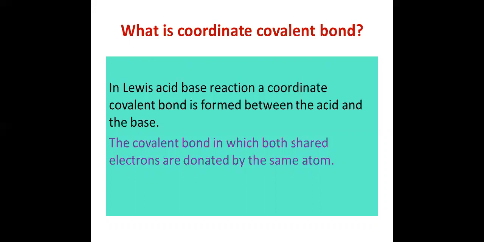It means only one atom will donate the electron pair. In a simple covalent bond, both the electrons are mutually shared between two atoms, like one electron is shared by one atom and one electron is shared by another atom. But in a coordinate covalent bond, both the electrons are shared by only one atom.